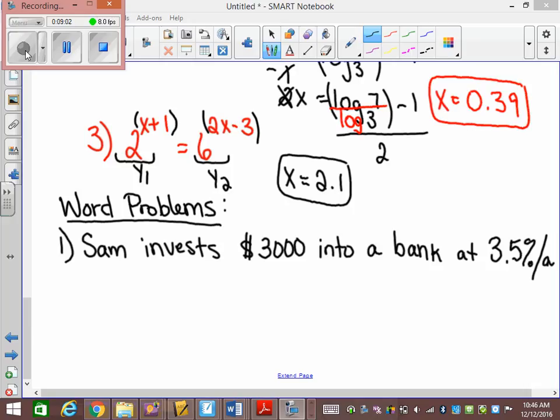Sam invests $3,000 into a bank at 3.5%, that's a percent symbol, per annum, compounded, which is the key word here, quarterly.